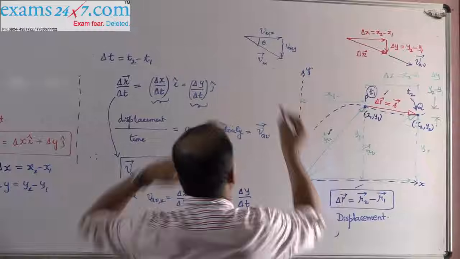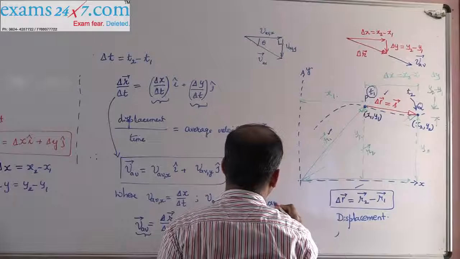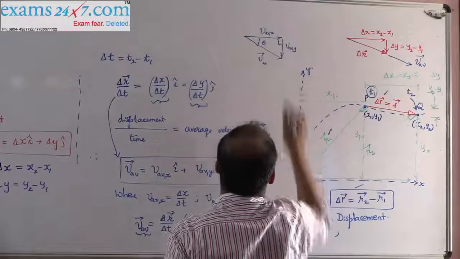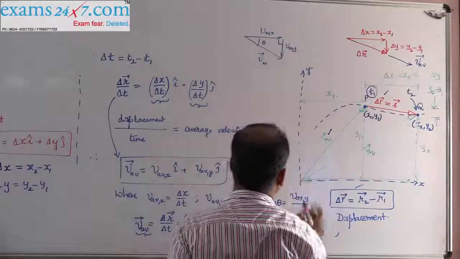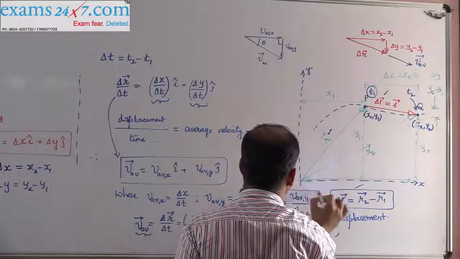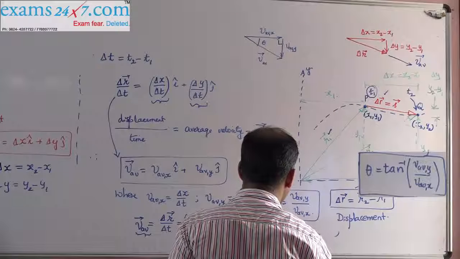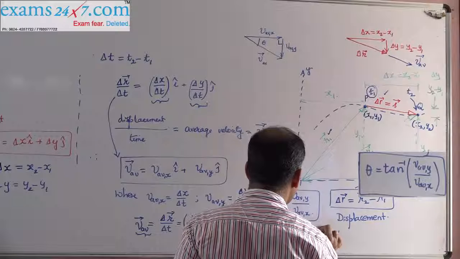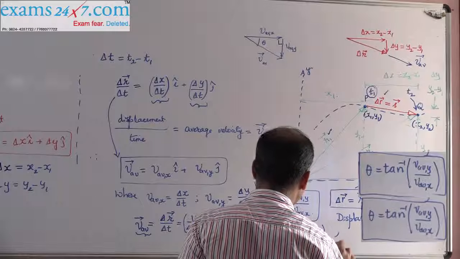You can see from this right angle triangle that tan theta is going to be the opposite side, V average Y, by the adjacent side, which is V average X. Or you may even write theta equals tan inverse of V average Y by V average X.